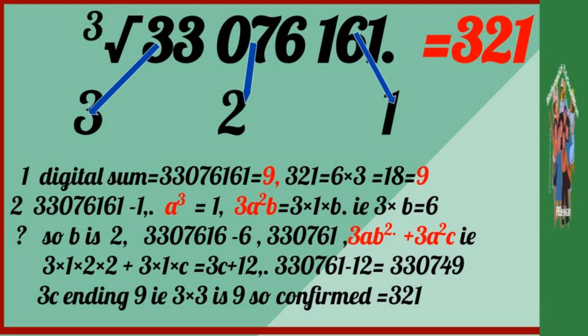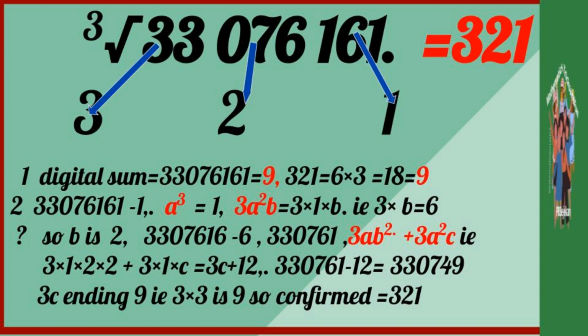So the last digit is 1. Cube of 1 is 1. Naturally, the last digit of the cube root is 1. Now what about the first digit? The first group is 33. So we should find a cube of a number which is less than 33. Cube of 3 is 27. So the first digit is 3.